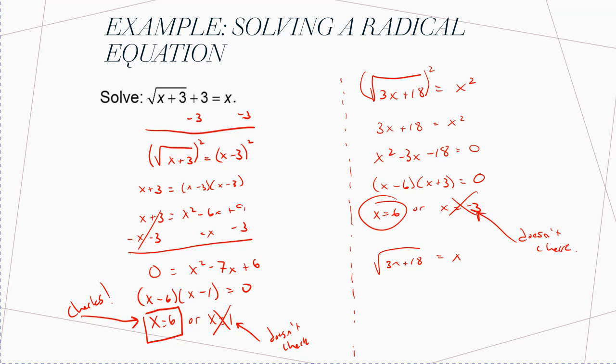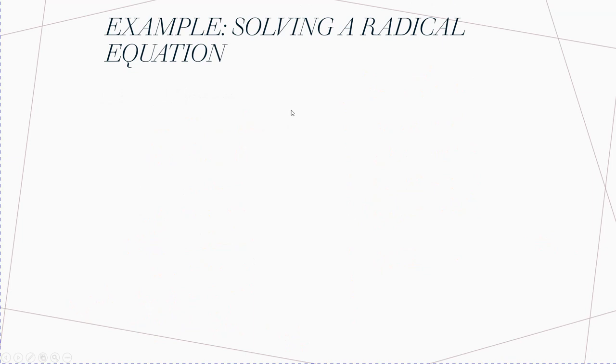All right. So let me do a really hard one now, but it's going to involve squaring twice. Let's try this one. Let's look at the square root of 2x minus 3 minus the square root of x minus 2 is equal to 1.